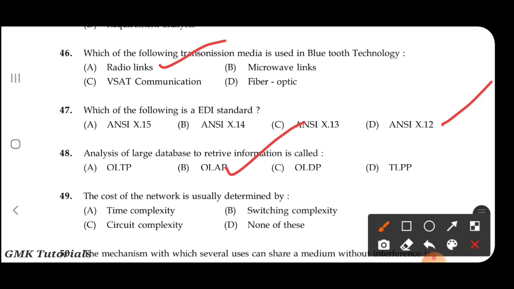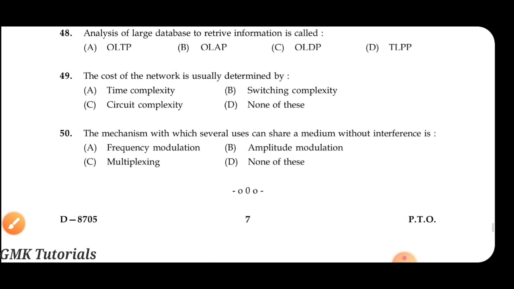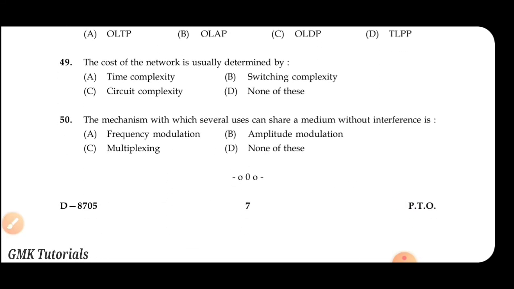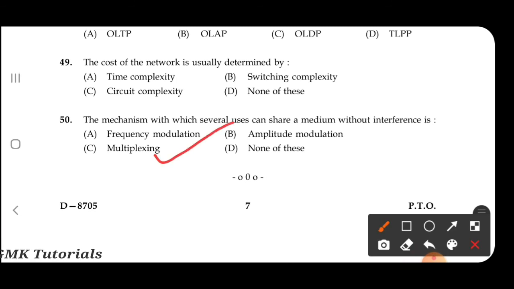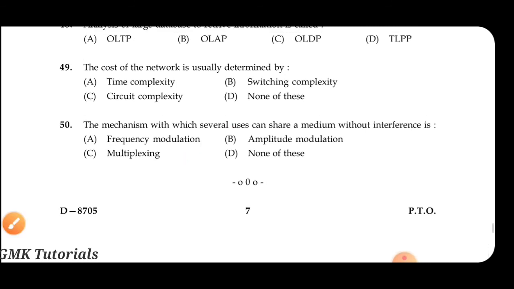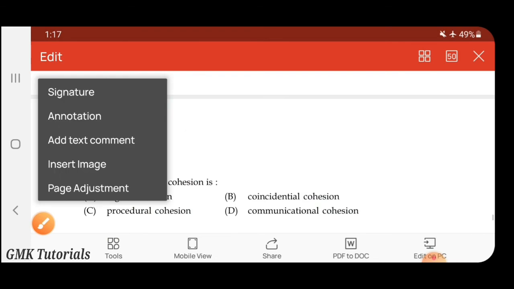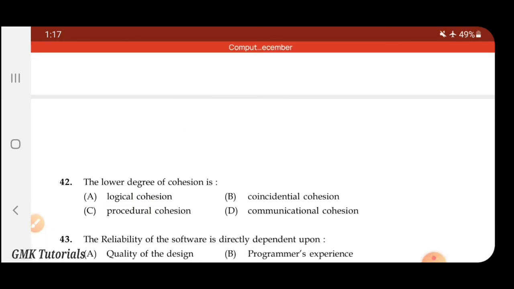The cost of the network is usually determined by the switching complexity. The mechanism with which several users can share a medium without interference is multiplexing. This is about the paper 2 solutions for the UGC NET December 2005.